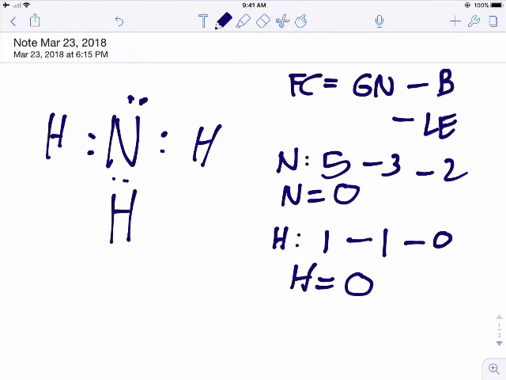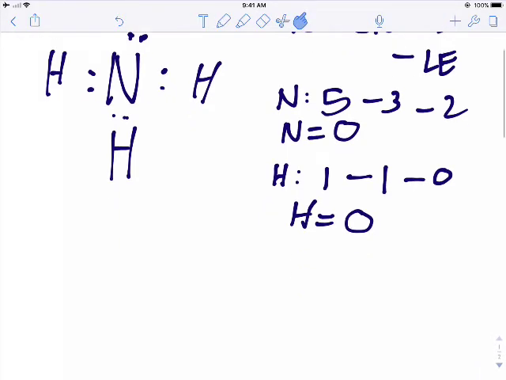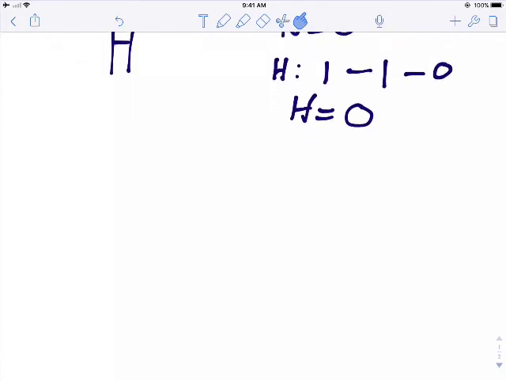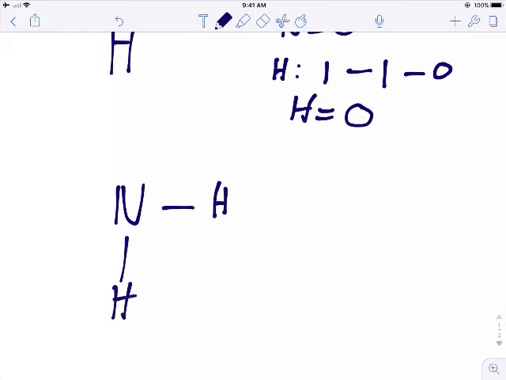Now, instead of using ammonia, let's use NH4 plus, ammonium. Draw it down here. So this looks like this. It's NH4 plus.